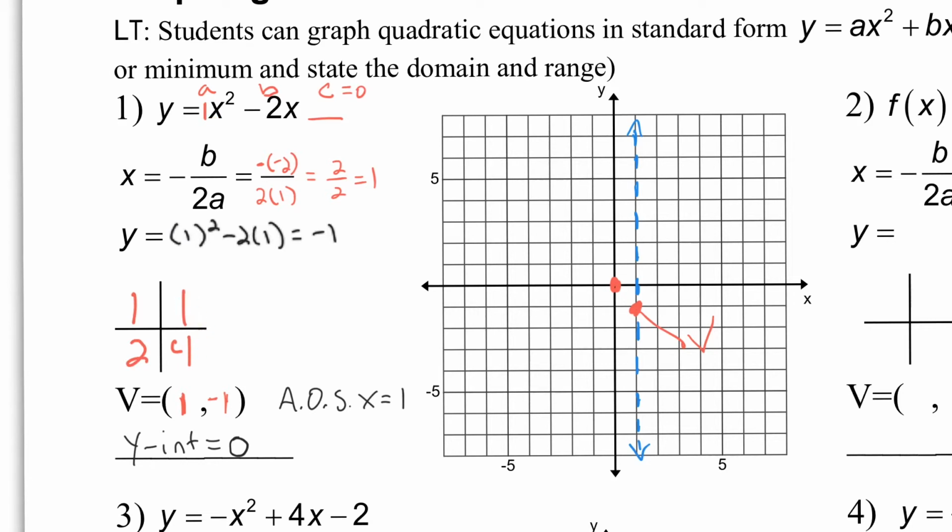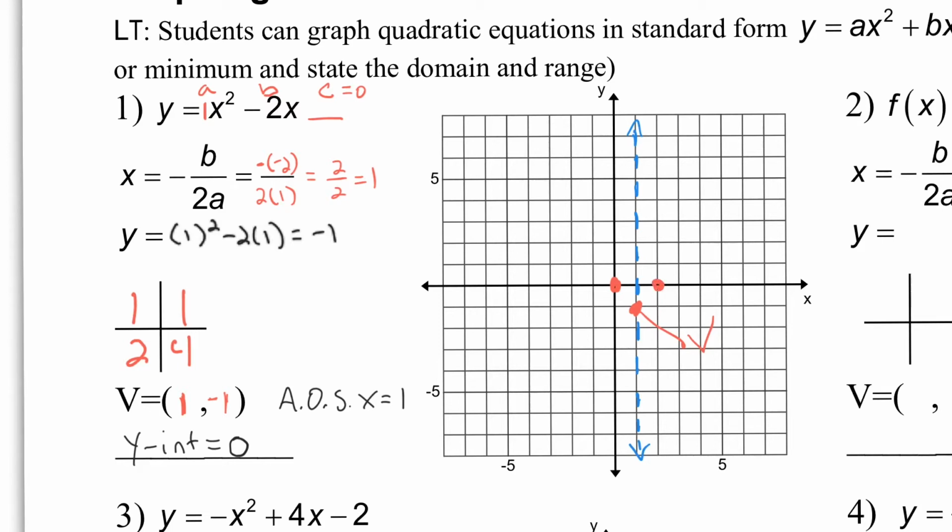If a is something other than 1, even if it's -1, you really have to multiply this 1 by whatever the a value is, and the 4 by whatever the a value is. But right now we don't have to multiply. So I am going to go from the vertex. This is my pattern. So I'm going to go 1 to the right, 1 up, and I make a point right there.